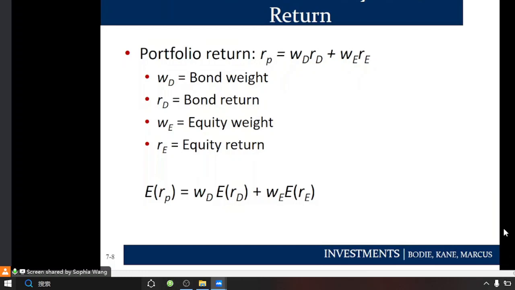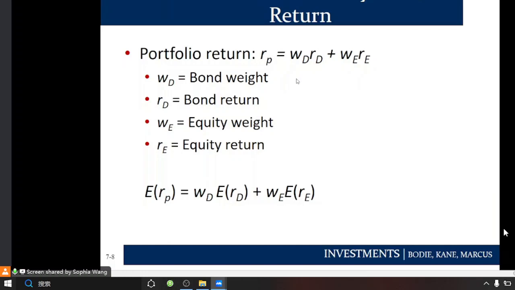To introduce the logic of the method, I should begin with a very simple case. The simple case means you only have 2 risky assets. Of course, you can have more than 2, but to explain this easily, we suppose there are only 2 risky assets in the risky portfolio.